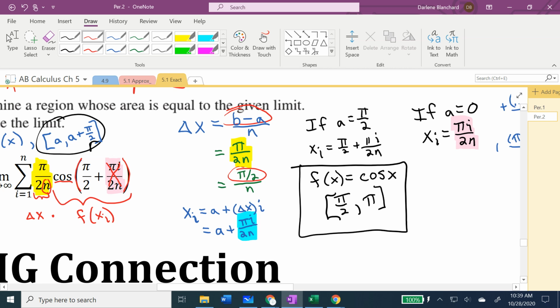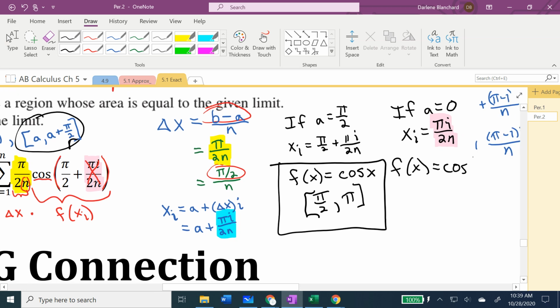And do you see what the function is? The function is the cosine of pi over 2 plus x in parentheses. And that also means the interval is going to start at a equals 0.